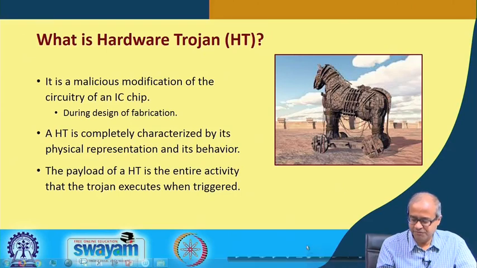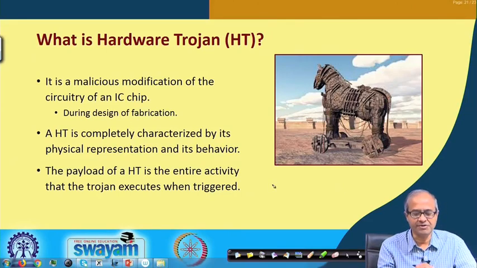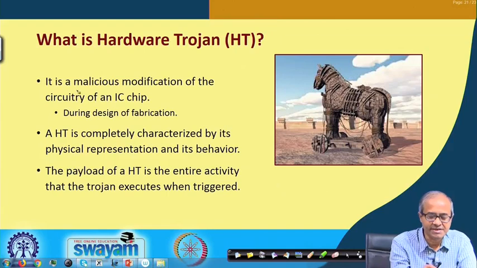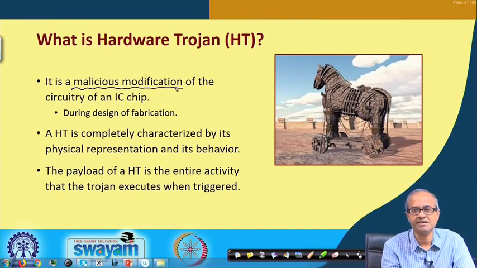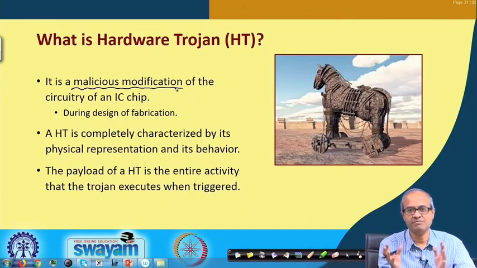So, in terms of hardware security, hardware trojan is essentially some malicious modification of the circuit inside an IC chip. The circuit has been modified without the possible knowledge of the person who had designed the chip.